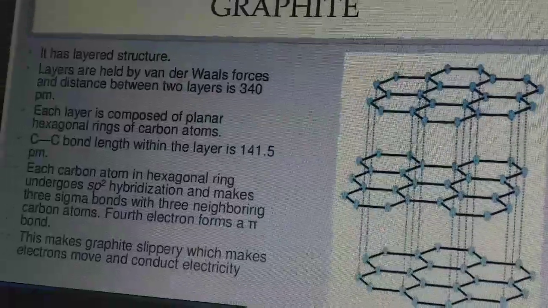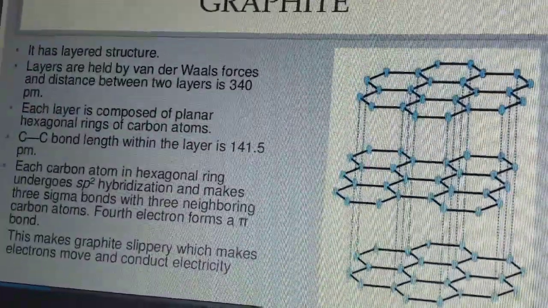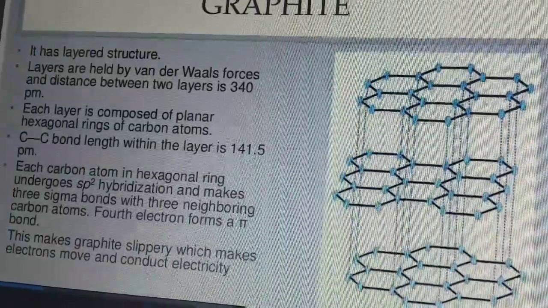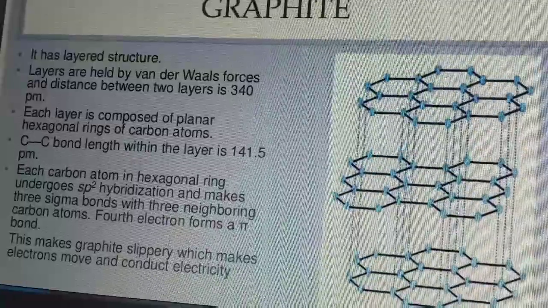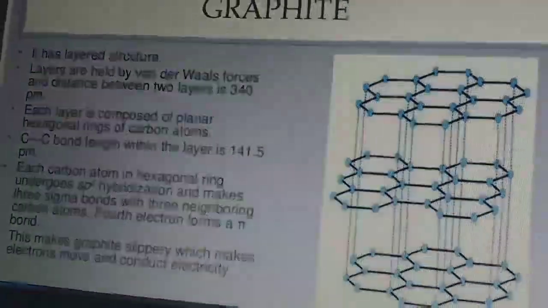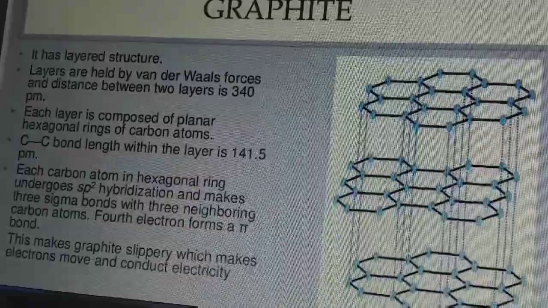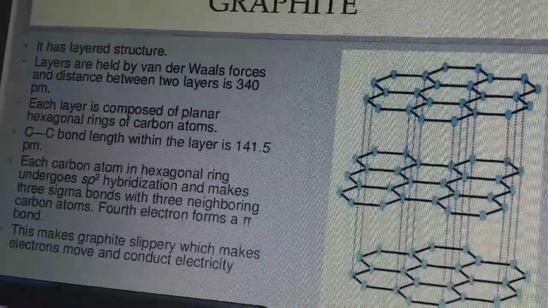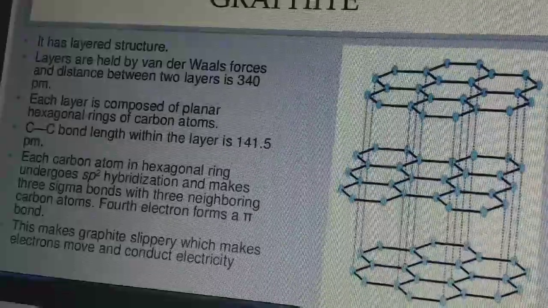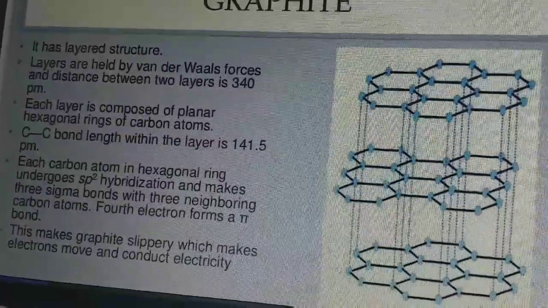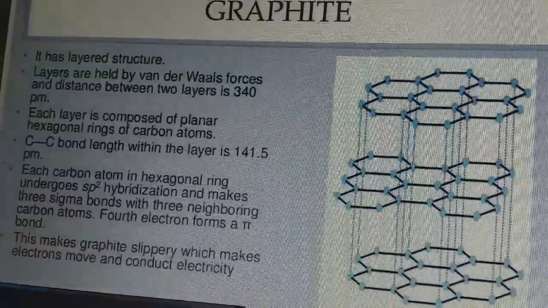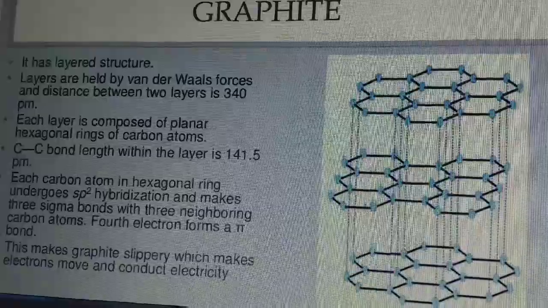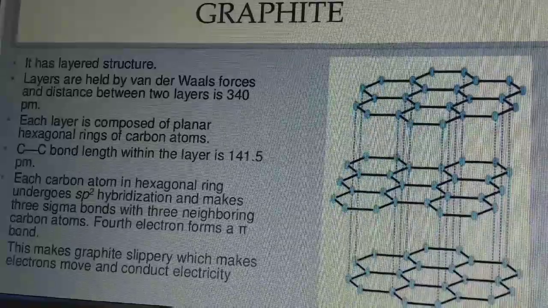The carbon electronic configuration is 1s2, 2s2, 2p2 in the ground state, and in the excited state 2s1, 2p3. One s orbital and 2 p orbitals are involved in hybridization, and 1 electron in the p orbital is not involved, so that electron is free. So that fourth electron forms a pi bond, which makes graphite slippery, and makes the electrons move and conduct electricity.